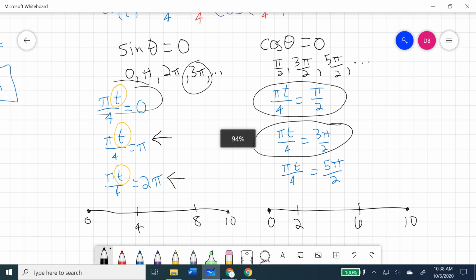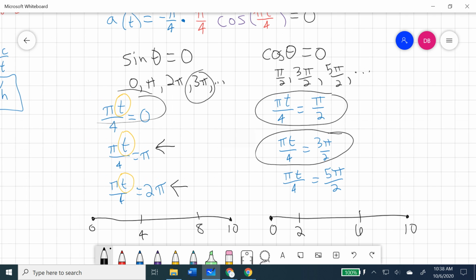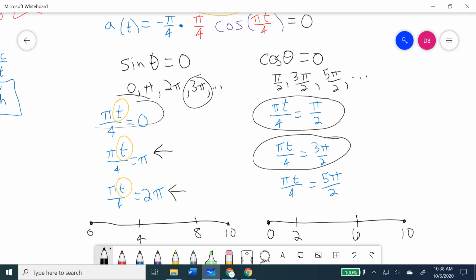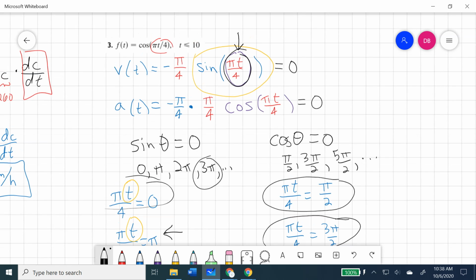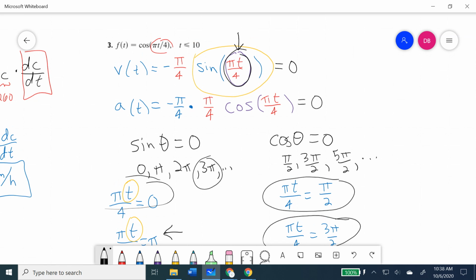Now, this is just part of it. I still need to figure out when velocity is positive or negative, and when acceleration is positive or negative. I've got to go back to the original equations and be very careful about these negatives.